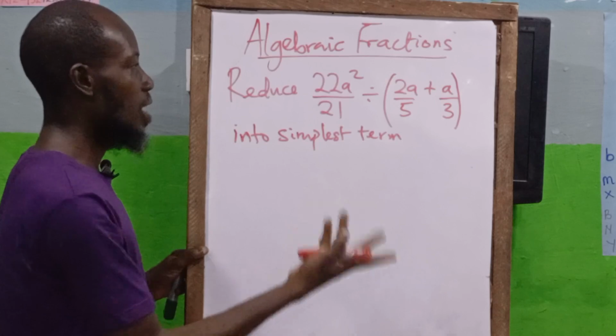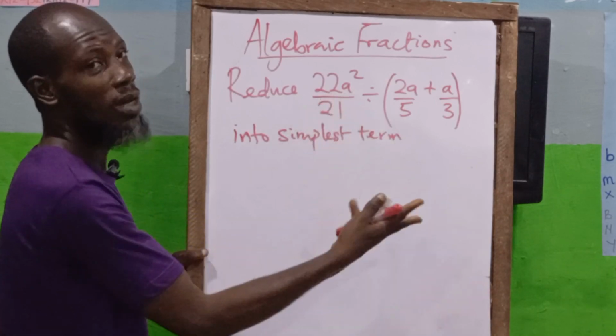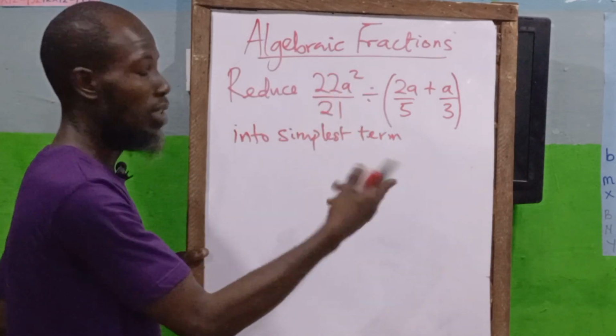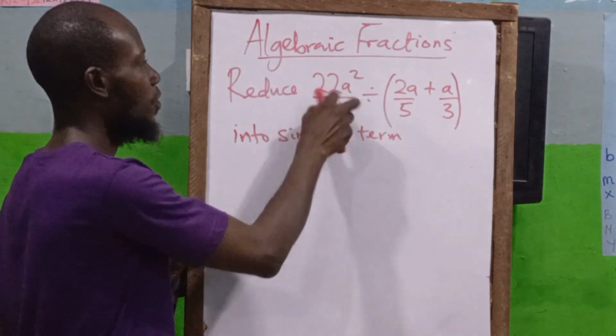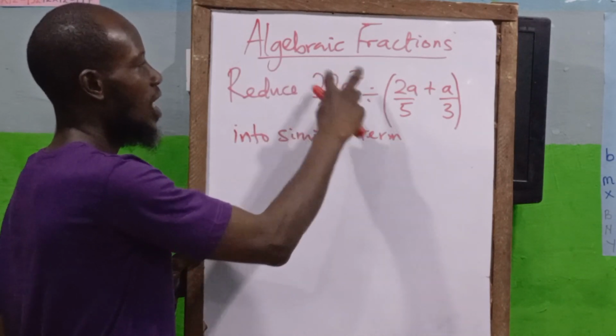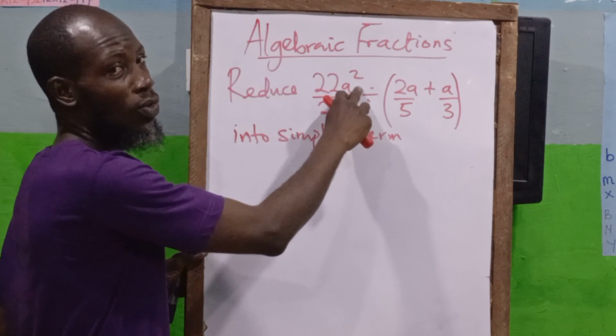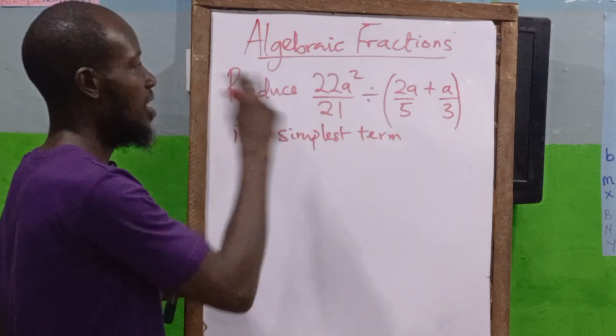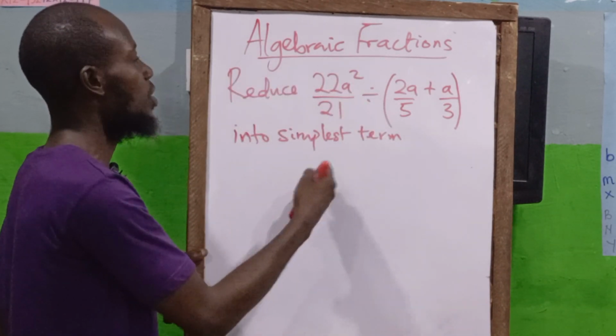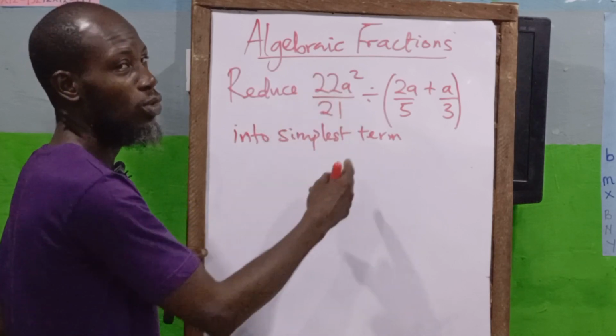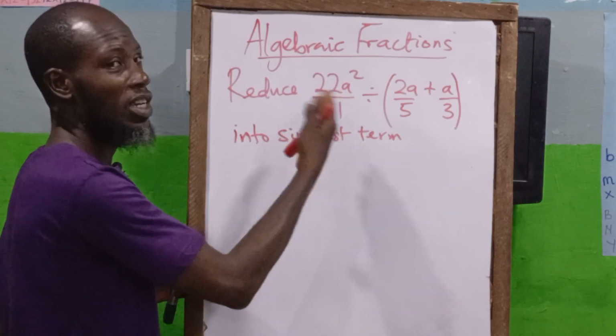An algebraic term is mostly made up of a coefficient and a variable. A coefficient is the number before the variable, the unknown term, which is a.